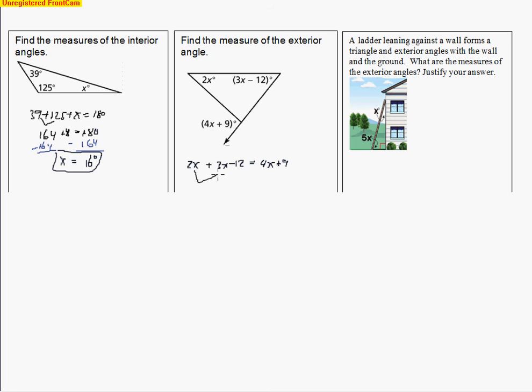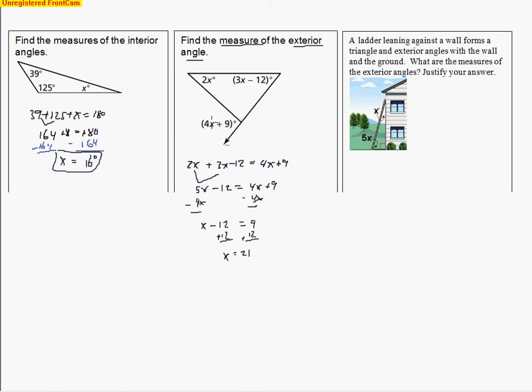So when we do this, we got 5x minus 12 equals 4x plus 9. And then I'll do some opposite operations. I'll subtract the 4x from both sides. Leaves me with x minus 12 equals 9. Then I'll add the 12 to both sides, and I get x equals 21. But I'm not done yet, because it says find the measure of the exterior angle is what we're trying to find.